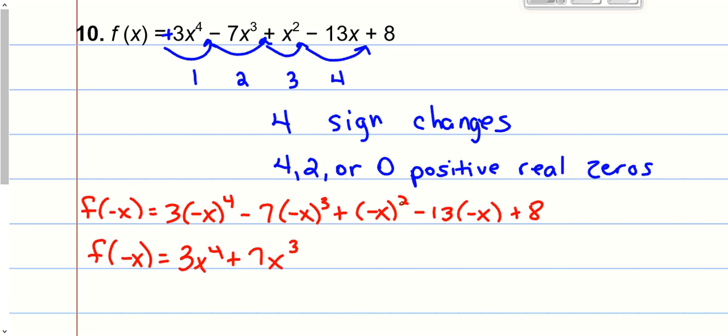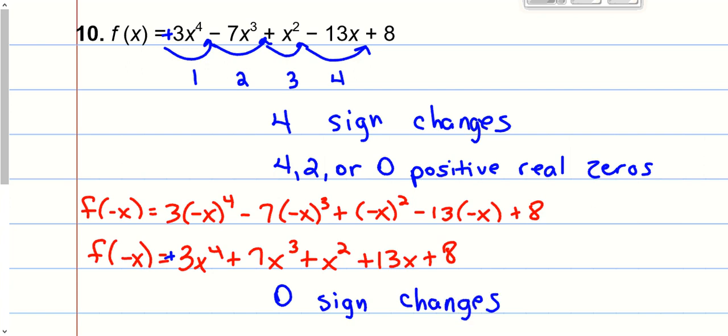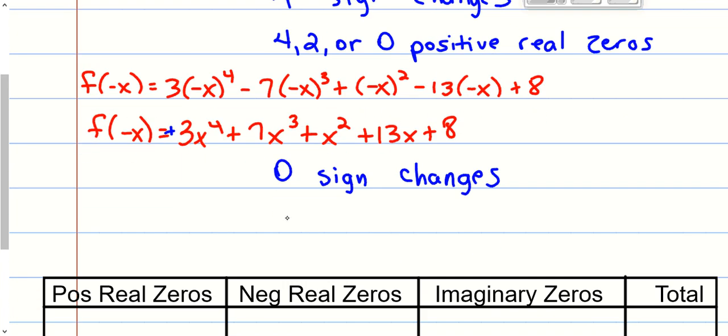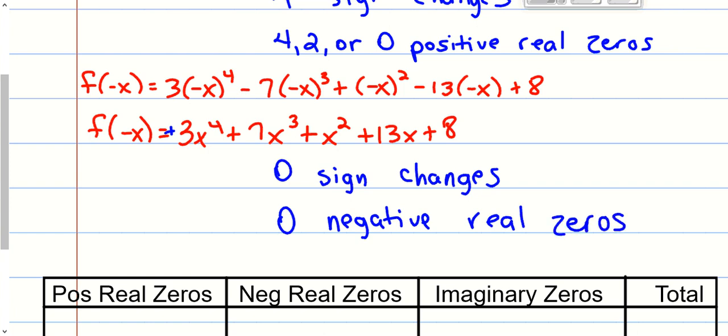Negative x squared comes out positive, so we have positive x squared. Negative 13 times negative x is positive 13x, and then we have plus 8. So if we look through this, starting with a positive, positive, positive, positive, positive, we have 0 sign changes. Well, if we have 0 sign changes on the negative part, then that means we are going to have 0 negative real solutions, or real zeros. Remember, solutions and zeros are the same thing.